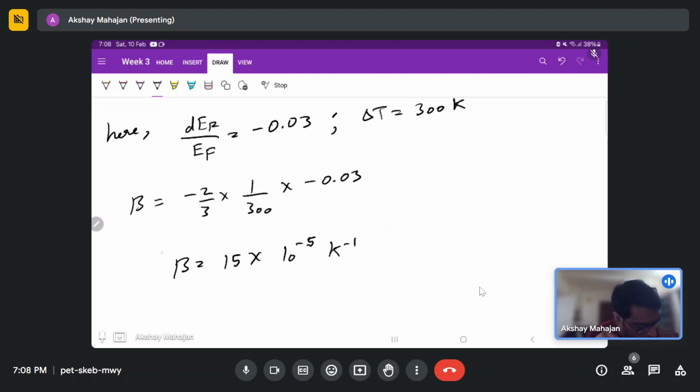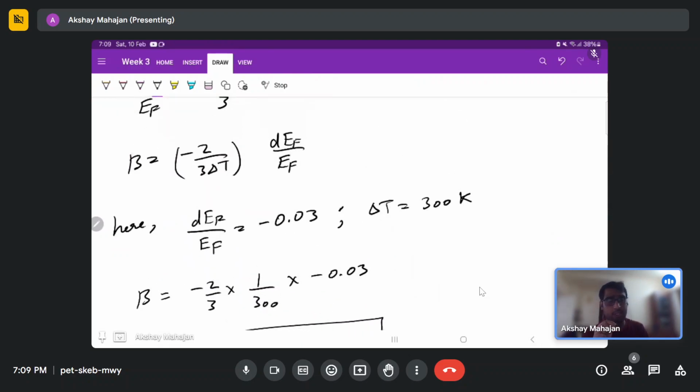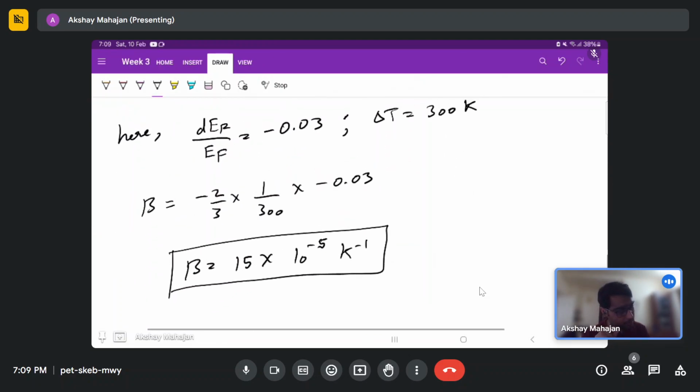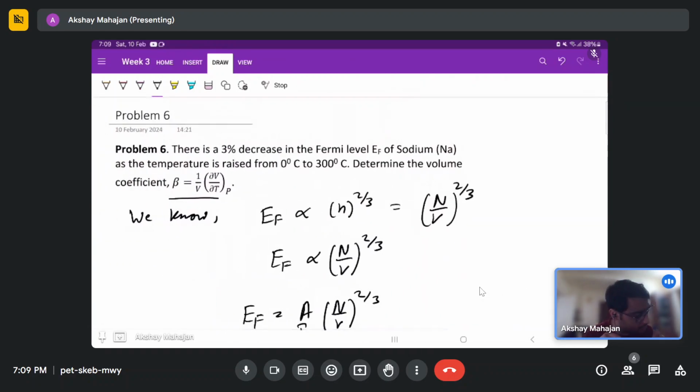So the unit will be Kelvin inverse here, because dEf by EF is unitless and delta T we take in the Kelvin scale. So it will be 15 into 10 to the power minus 5 Kelvin inverse. Alright, so this is our answer. So this was our problem number 6.